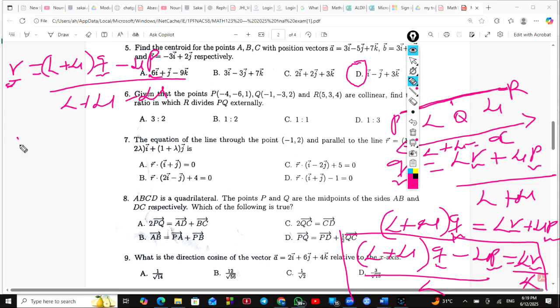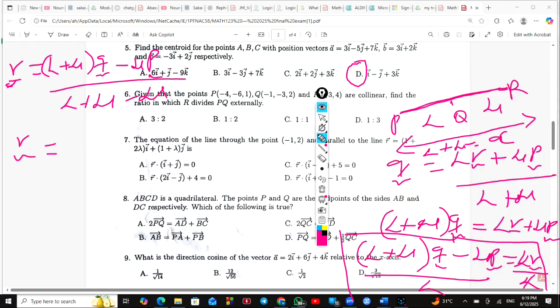So your R will be equal to, as we've stated initially, we want lambda plus mu to be alpha. So wherever we see lambda plus mu, we have alpha Q minus mu P all over alpha minus mu.